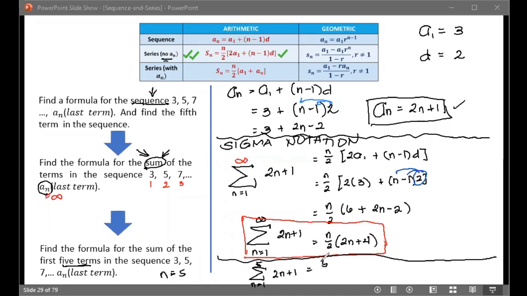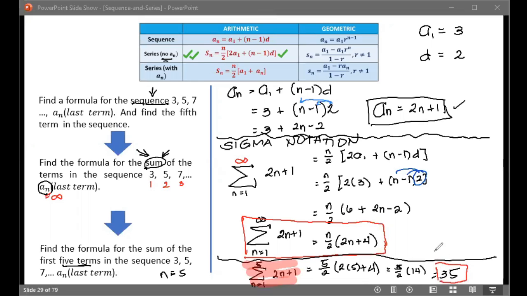Substitute the value, 5 over 2 times 2 times 5 plus 4. So we have 5 over 2 times 14, 5 times 7, we'll have 35. The formula now is this one. This is the revised formula, and this is the answer for that formula.